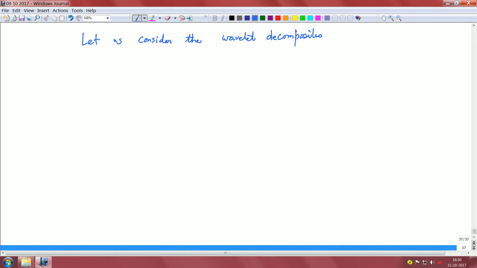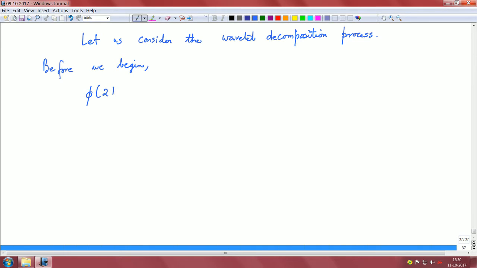So, let us consider the wavelet decomposition process. This is best understood through an example first, and then we will formalize. So, before we begin, we would like to recall some relations that would be useful in our decomposition.